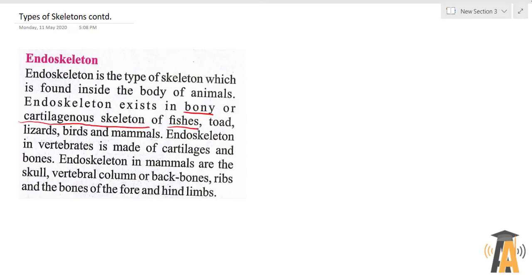Examples of them are fishes, toads, lizards, birds, and mammals. So endoskeleton is largely found in vertebrates, made up of cartilages and bones. The endoskeleton in mammals includes the skull, the vertebral column or backbone, ribs, and the bones of the fore and hind limbs.